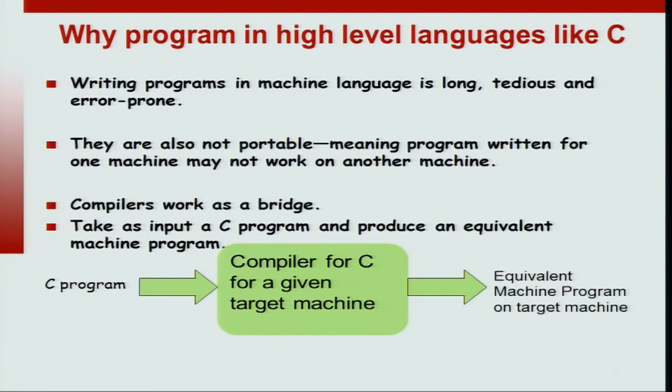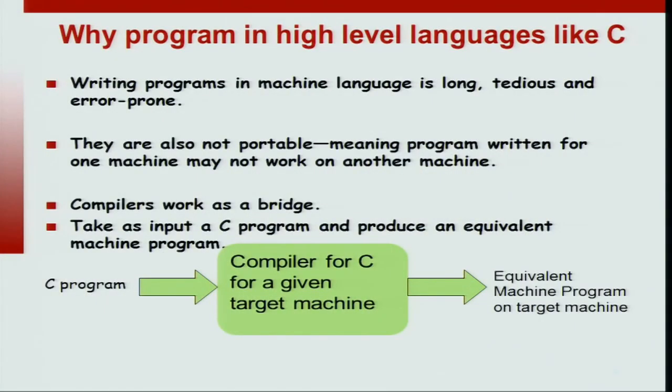So writing machine language code is very long, very tedious, and particularly prone to errors. Also, it is not portable. If you write machine code for a particular processor, let's say an Intel processor, and you try to run it on an AMD machine, it might not work. Whereas if you take your C code and compile it on another machine, it will run on that machine.